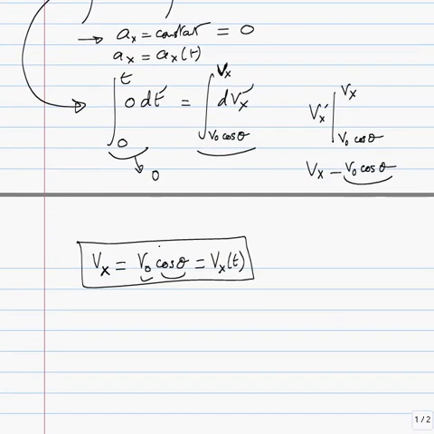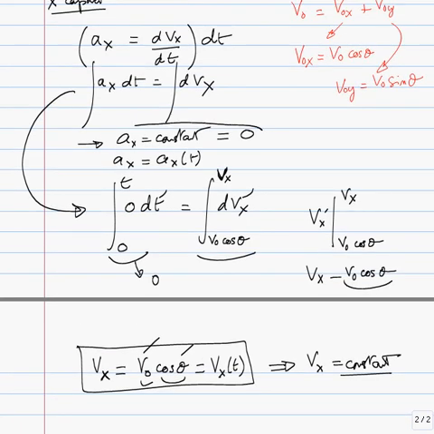Therefore, those two parameters will not change, which means that Vx is constant, which we already knew because we already made the assumption that Ax equals 0. So this confirms our assumption.